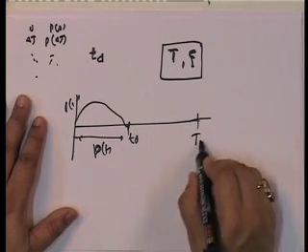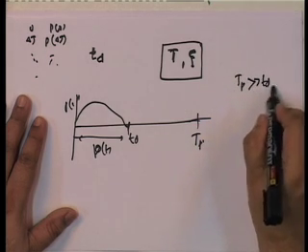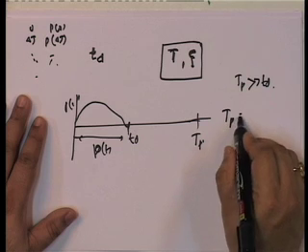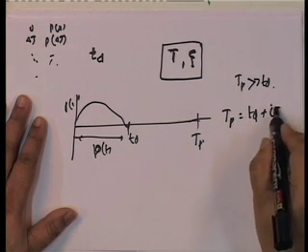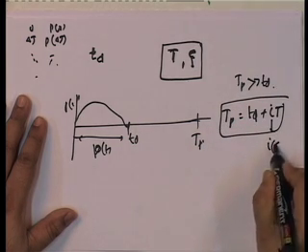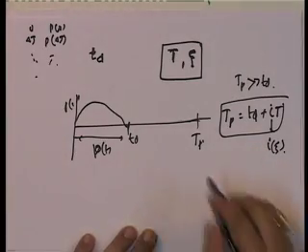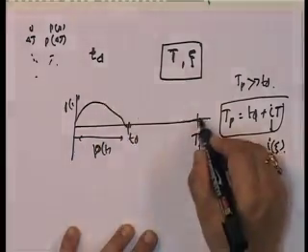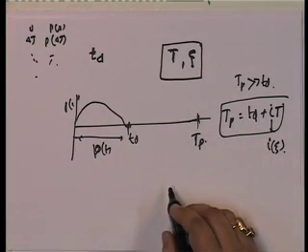T p is greater than T d, and typically T p is equal to T d plus I t, where I is a function of xi. Okay. So, from that, given T d, I can find out my total time that I need to put in.